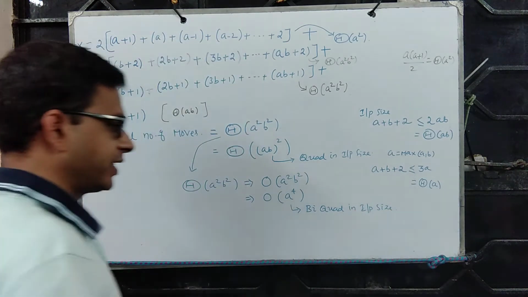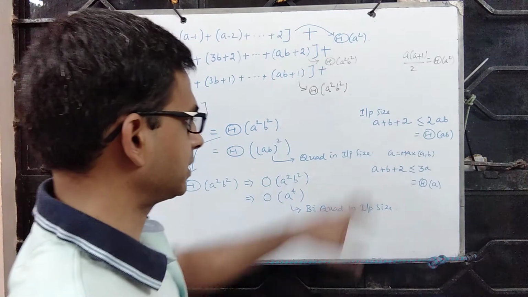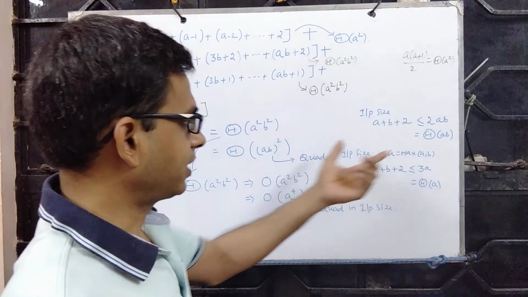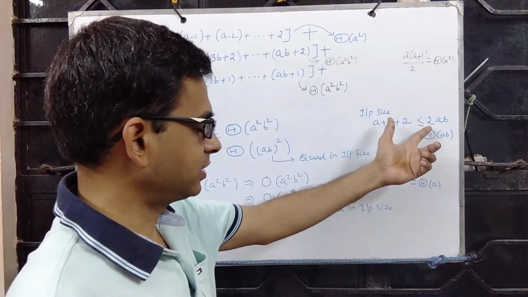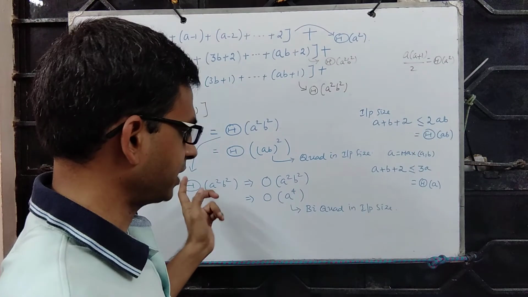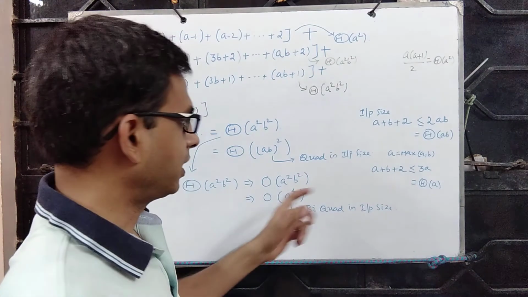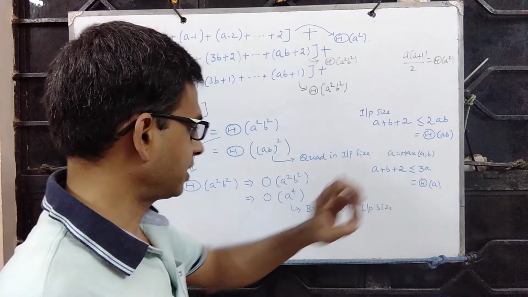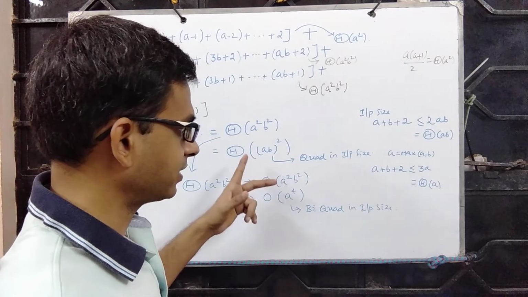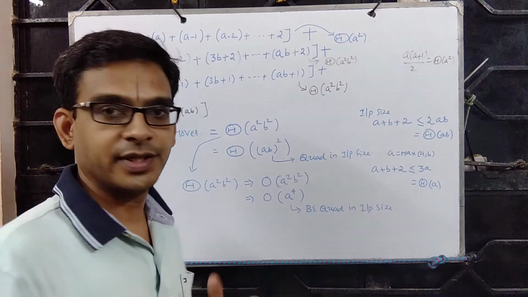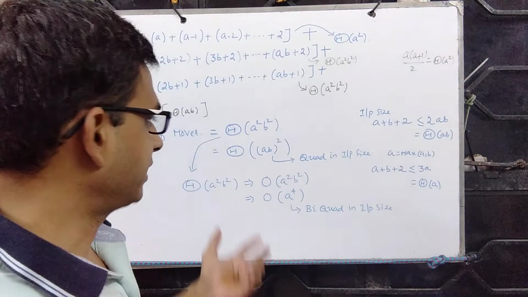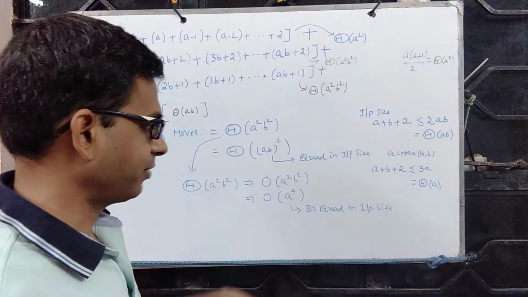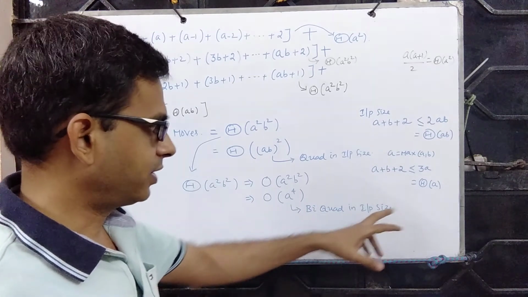So ideally one should analyze with respect to A plus B plus 2 to get the precise estimate, but when we do this upper bound analysis, I am saying one has to be careful, and according to the choice of upper bound that you choose, there is a variation in the way you comment about the algorithm. In one case you see that it is quadratic in input size, in the other case it becomes biquadratic in input size, but the input size varies.